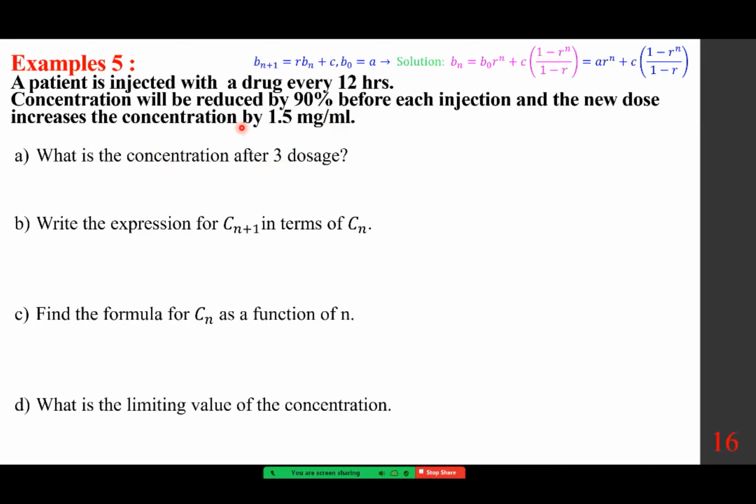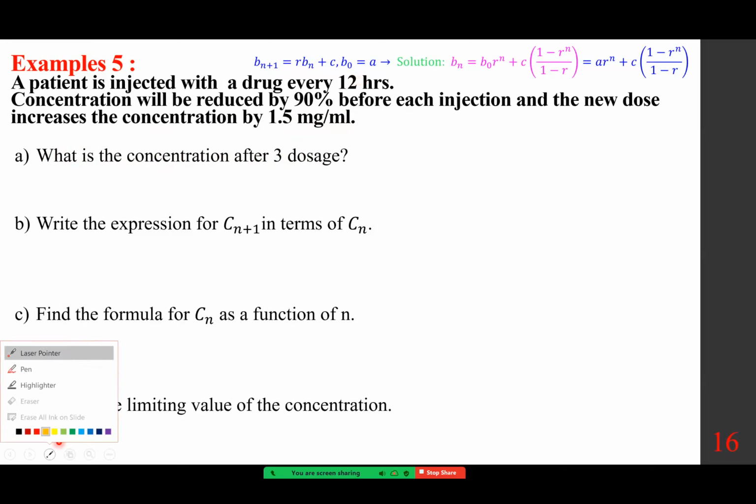Anytime you have a word problem, it is extremely important to write the given. Okay. So 12, this is the time step. It's a very important number, extremely important. But it does not get into the formula.